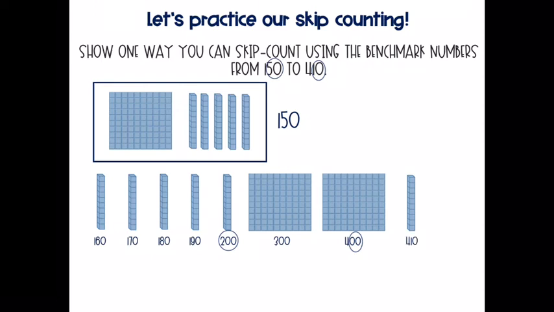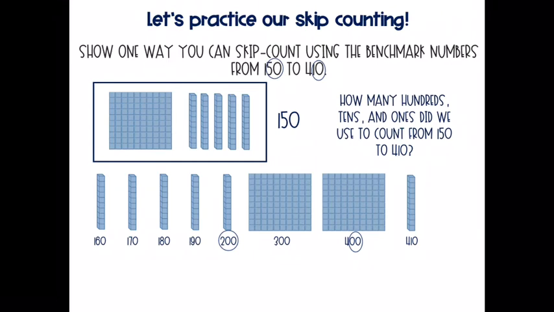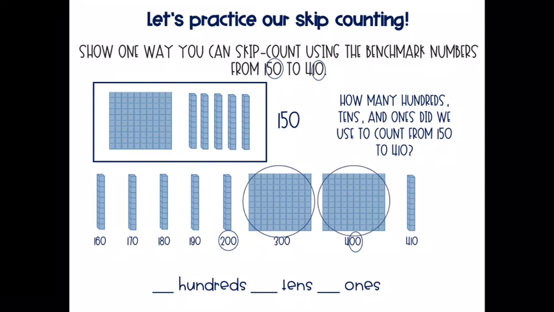Awesome job. Let's see how many hundreds, tens, and ones we needed to count from 150 to 410. Start by counting our hundreds. How many hundreds did we use? If you said 2 hundreds, you are correct. Next, how many tens did we use?